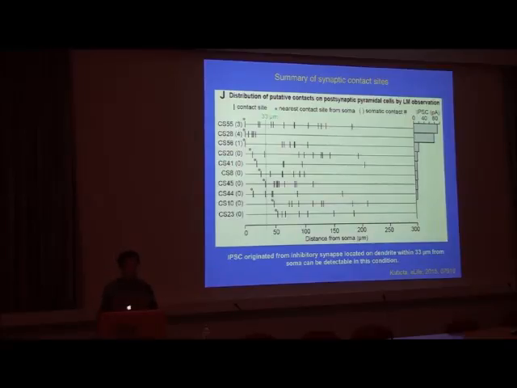And I would like to show the summary of the synaptic contact sites in this graph. I would like to mention this one, because this asterisk shows a very nice inverse correlation between the size of the contact site and the IPSC, but I really don't like this one.